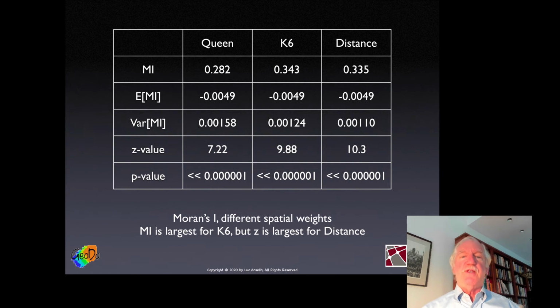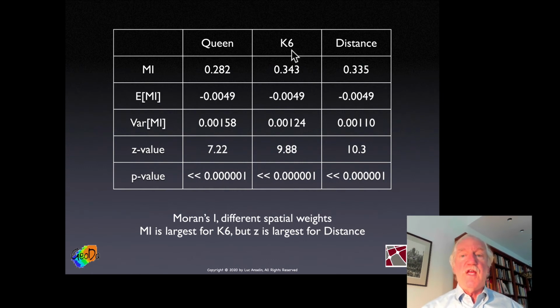Just to illustrate this, this is now based on our permutation approach, our computational approach, and I have used 3 different kinds of weights. Queen contiguity, based on the tessellation of the points. In the lab notes from the previous module, we went into some detail on how that works.